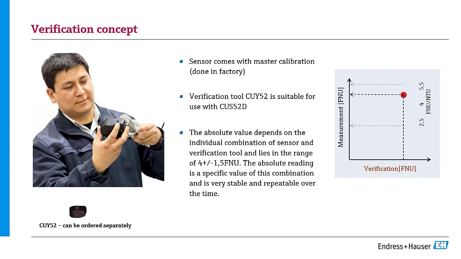That value is going to be around 4 NFUs. Whenever we use the verification unit with the sensor, you're always going to get the same value. And as long as you're getting that same value, you know that the light source has not degraded and that the sensor is behaving the way you expect.